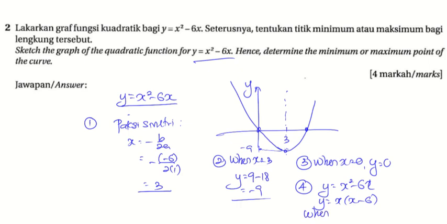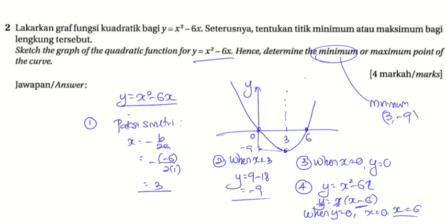When y equals to 0, x equals to 0, or x equals to 6 over here, 0 or 6. Yeah, 4 steps. Determine the maximum or minimum point. So here is minimum point. Minimum point, x is 3, y is negative 9. Done. Finish.